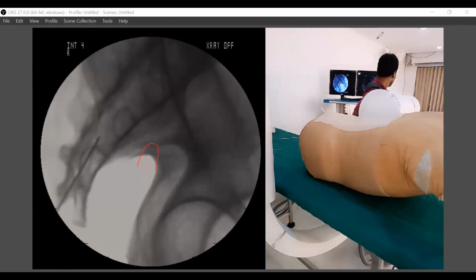But here also you can understand it: the posterior table and anterior table of the sacrum, and between them the epidural space should be.